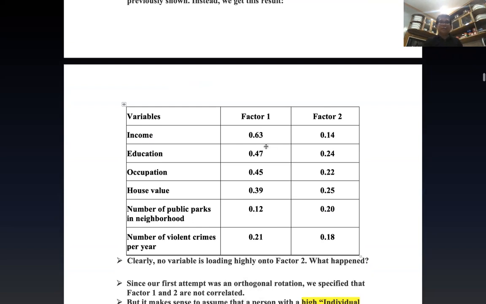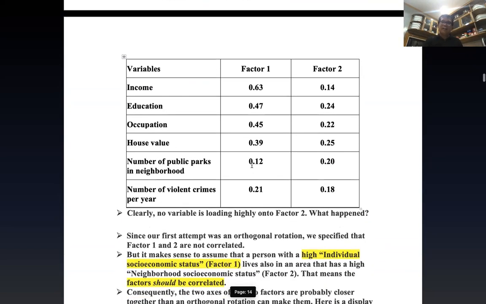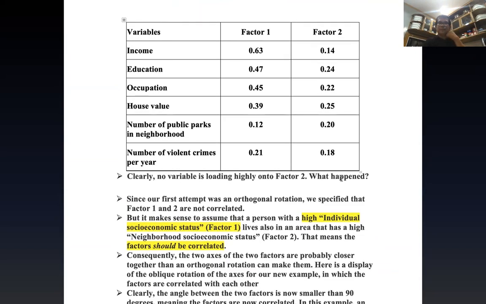Factor 1: 0.63, 0.47, 0.45, 0.39, 0.12, 0.21. Factor 2: 0.14, 0.24, 0.22, 0.25, 0.20, and 0.18.